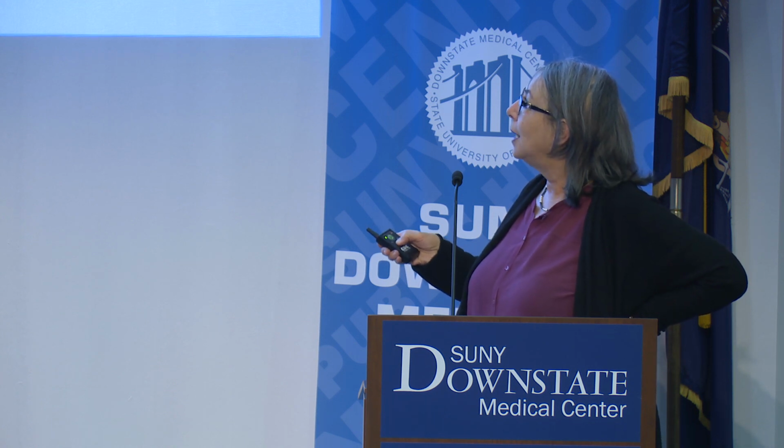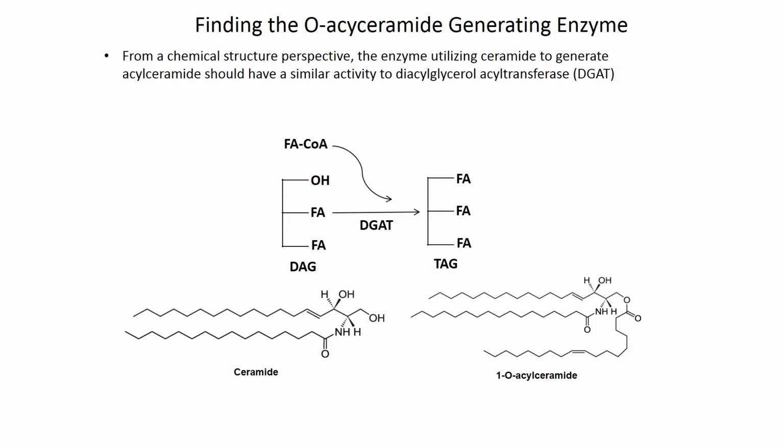So we asked the question then, if this looks similar, does this same enzyme, diacylglycerol acyl transferase, take ceramide and add an acyl chain? And indeed it did. And this was a very important discovery because no one had implicated this protein except in triglyceride synthesis.